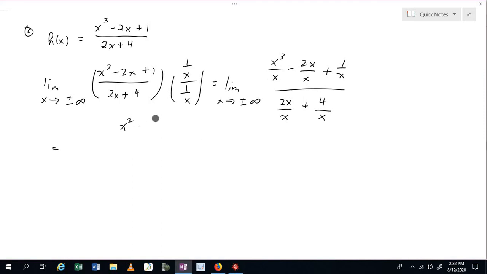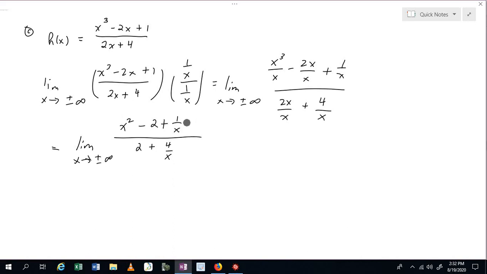This becomes minus 2, because the x's cancel, plus 1 over x. And then on the bottom, you just get 2 here, plus 4 over x. Okay, now let's just let x run to plus or minus infinity.